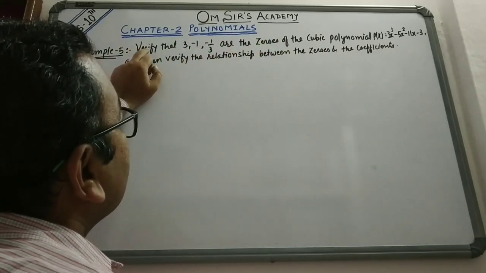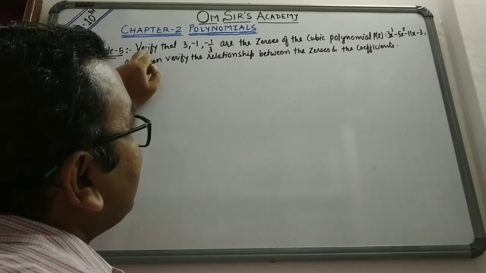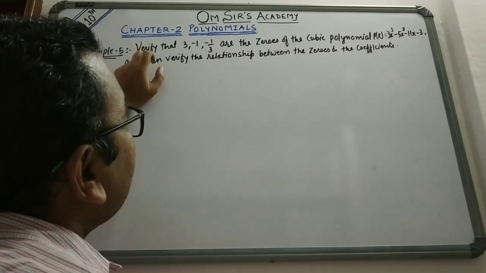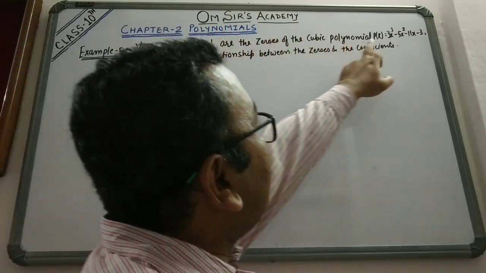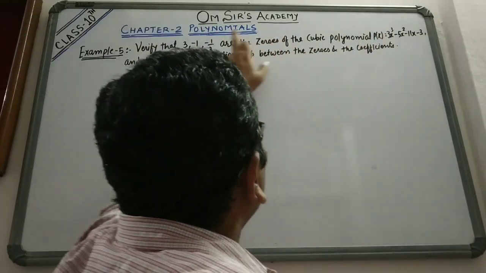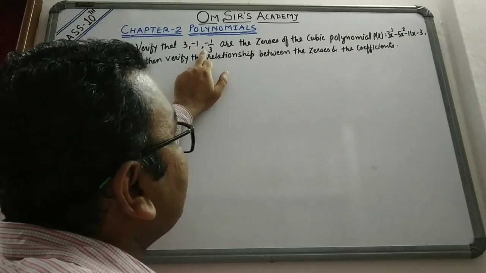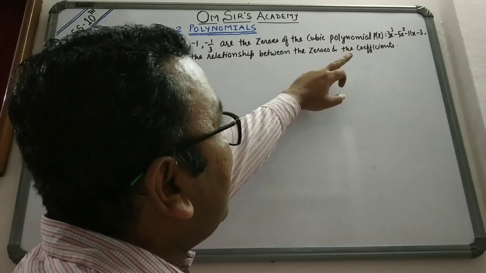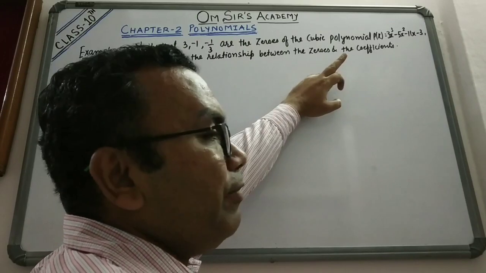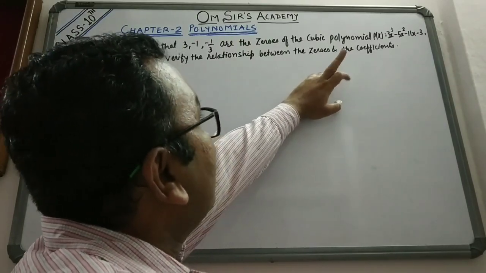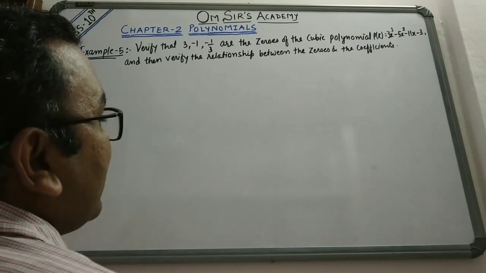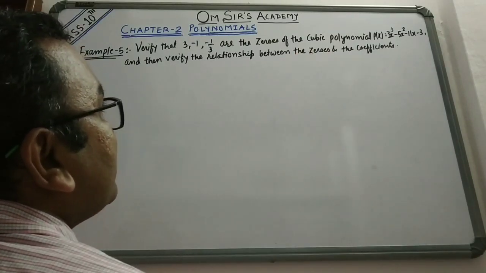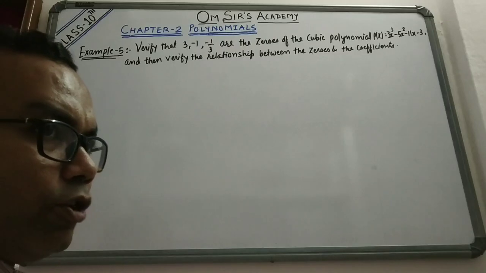Verify. Okay, so how can we verify that these are the zeros of the polynomial? By simply substituting these values in place of x. If I substitute 3, minus 1 and minus 1 upon 3, and if I get the value of the polynomial as 0, then we can say that these are the zeros of the cubic polynomial. And if I don't get 0, then these are not the zeros.